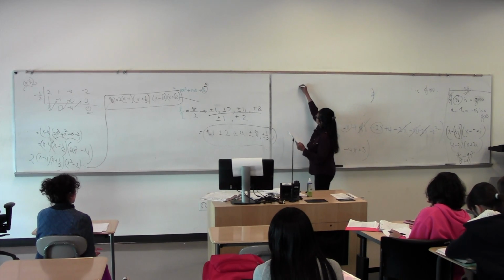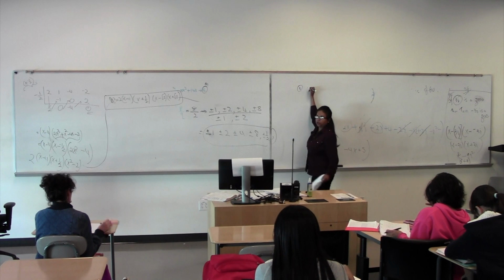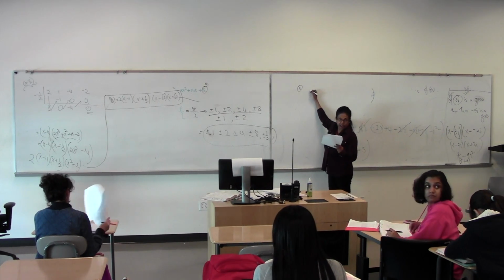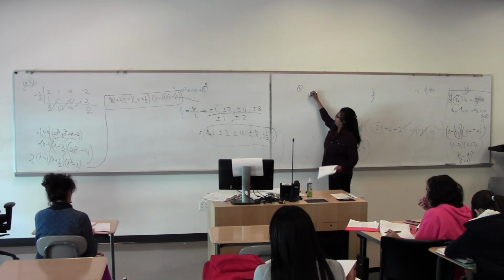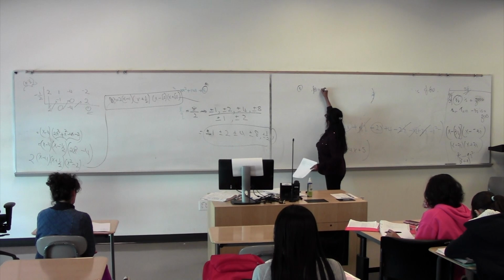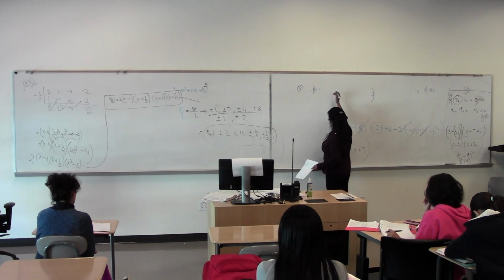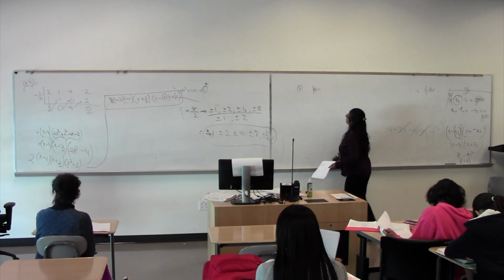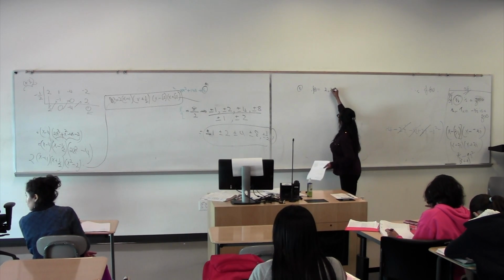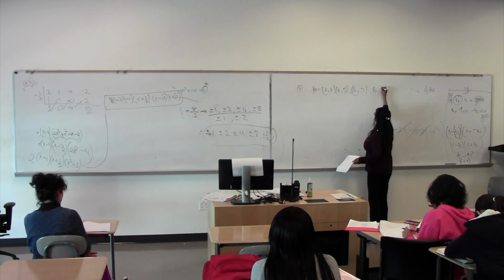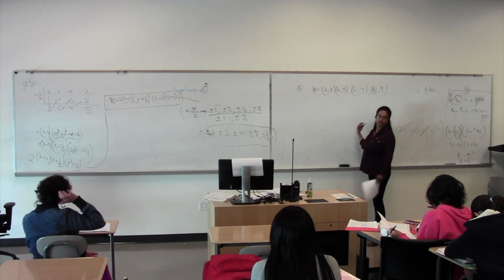Number 8 guys, I need to actually go through something really fast here. Let's say we have f of x given by the ordered pairs (2, 3), (4, 5), (6, 7), (8, 9). This is f of x.